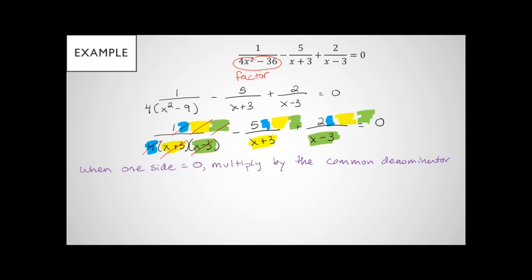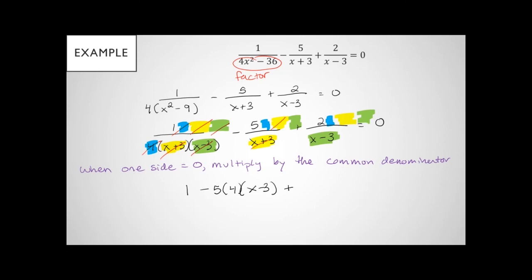So you'd be just left with 1 minus. Our yellows would cancel here. So you'd be left with 5. The blue is 4, and then the green is the x minus 3. So I'm just writing it down.